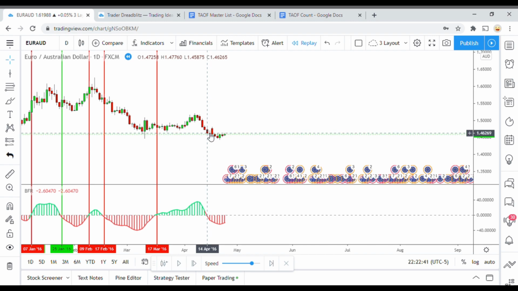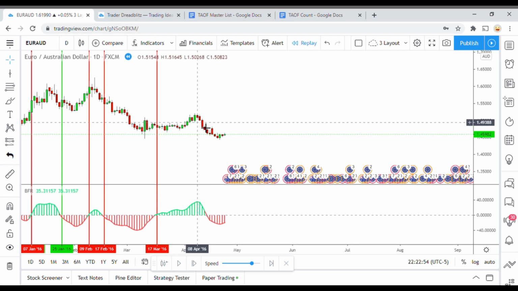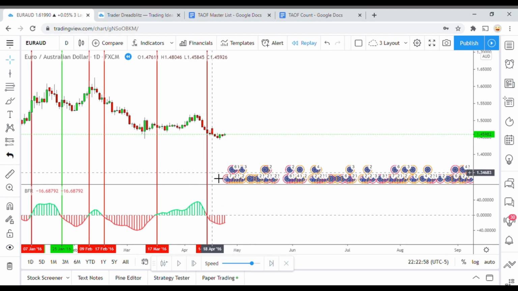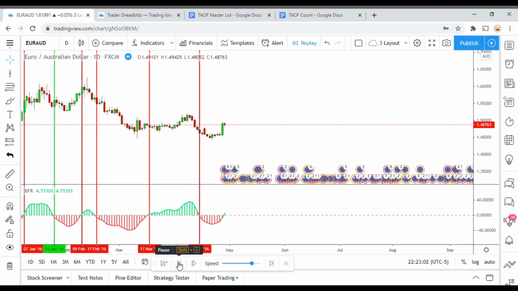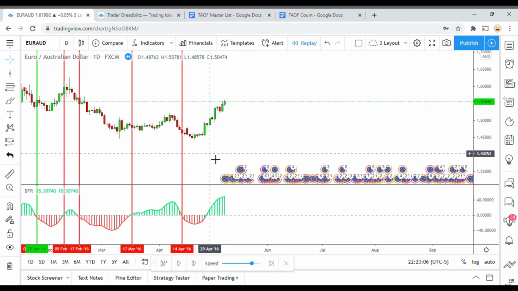We would have entered on this one right here. Actually, that's our trigger. We would have entered on this one. Unfortunately, it would have gapped up above the stop and then come down and actually swung through our stop, giving us a loss in that instance.